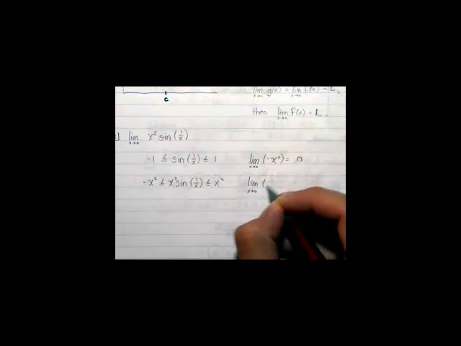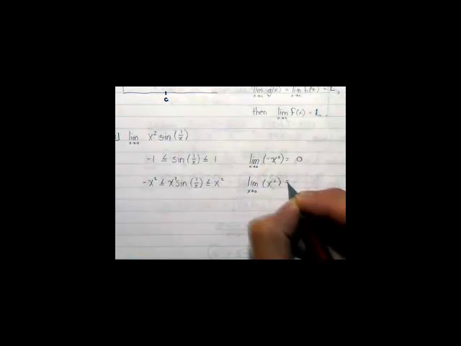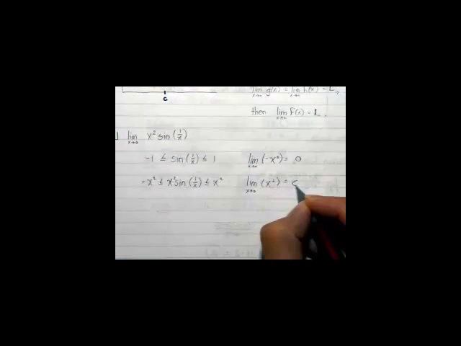And the limit as x goes to 0 of the other side, x squared? Also 0. So the function that's always above it comes out to 0. The function that's always below it comes out to 0. So based on that fact, both of these two limits equal, in this case, 0. So therefore, the limit as x goes to 0 of f of x should equal what? 0 as well.